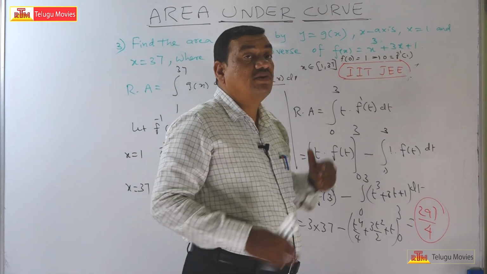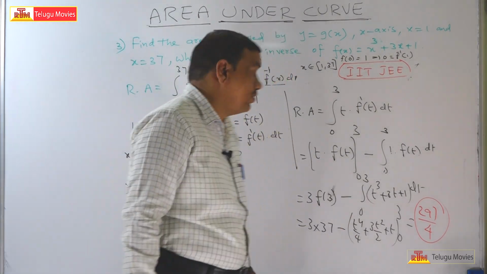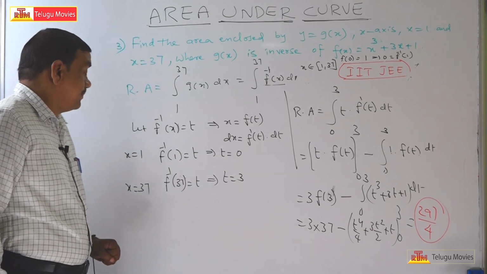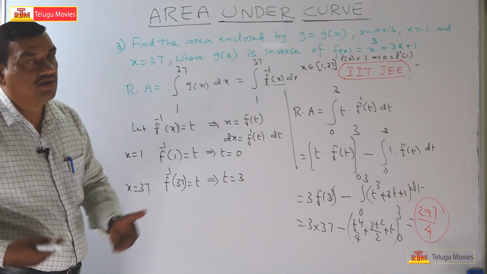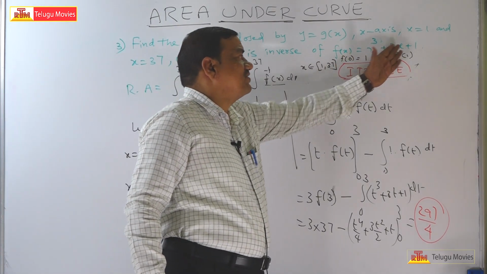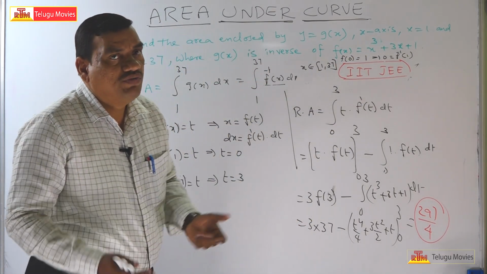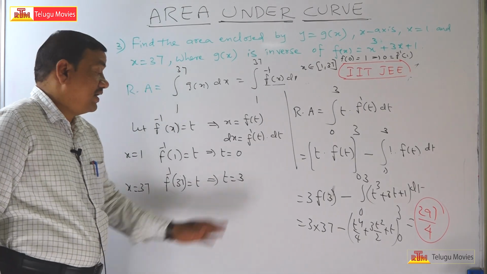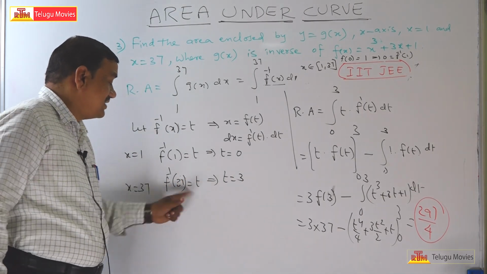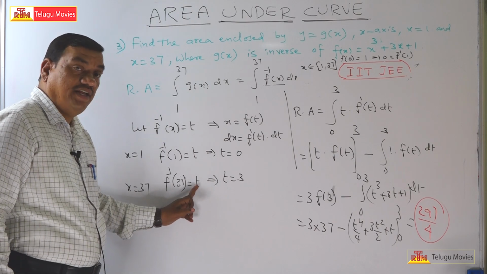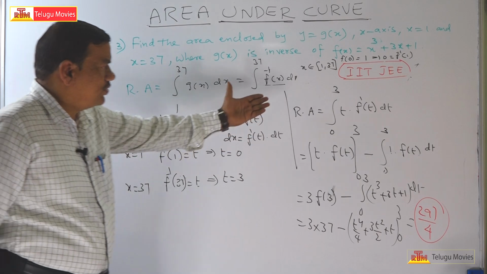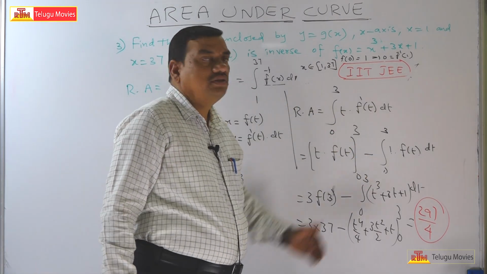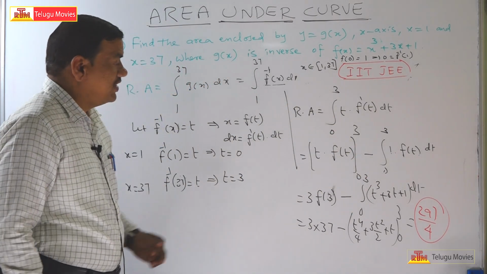What value do you substitute to get 1? x is 0, therefore t is equal to 0. f inverse of 37 means the pre-image of 37. Substituting x is equal to 3, you get 37. So the image of 3 is 37, therefore t is equal to 3. From this we got the integration by parts formula and we got the answer.